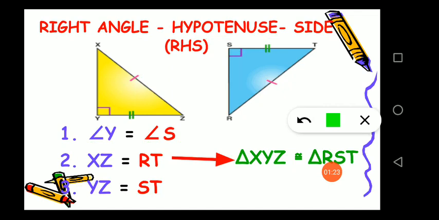So the three conditions which we need here: the right angles should be equal, or both the triangles are right angle triangles; the hypotenuse, the longest side of both the triangles, should be equal; and the third condition is that any one of the other sides is equal. Then the two triangles are known as congruent triangles. Got it?